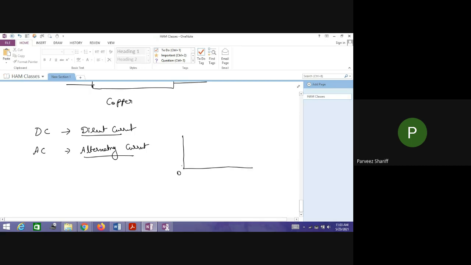This is the reference line, say this is 0, this is time, and this is the magnitude in terms of volts. With respect to the 0 reference, a constant voltage is maintained, for example 10 volts. There is no variation at all.